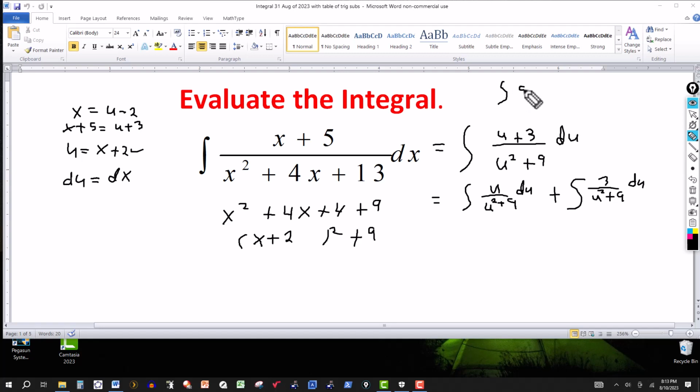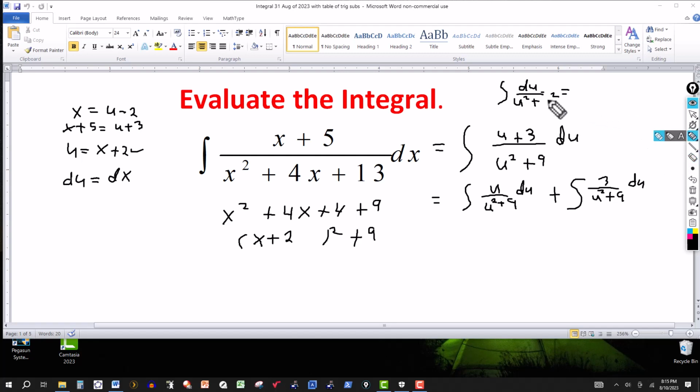Anytime you have anything that looks like this, integral of du over u squared plus some other number squared. So again, this is a 9 here. So it's u squared plus 9. Anything that has that kind of look. Let me put an a there because I want it to look like the formula here.